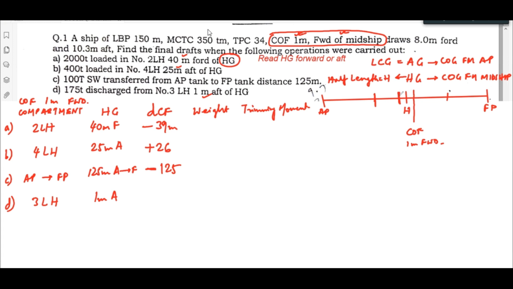Huh? -1 sir. The HG is 1 meter aft. -1, 2 sir. Yeah. Center of rotation से 2 मीटर पीछे है. +2.